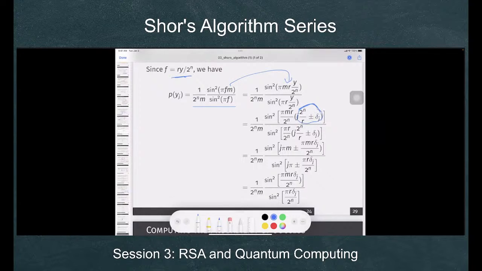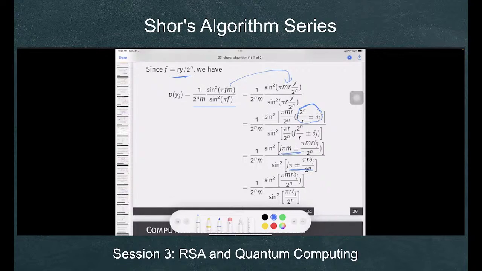Because this is a sine function, if you multiply the terms in the numerator and the denominator, it will give you this one and this one.